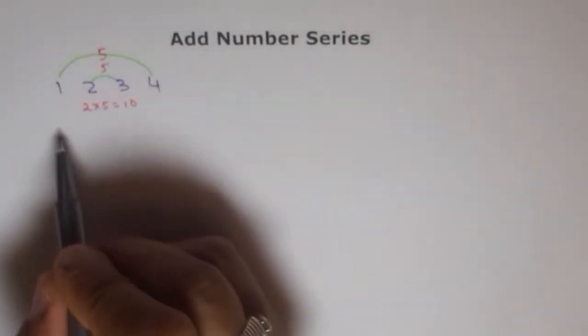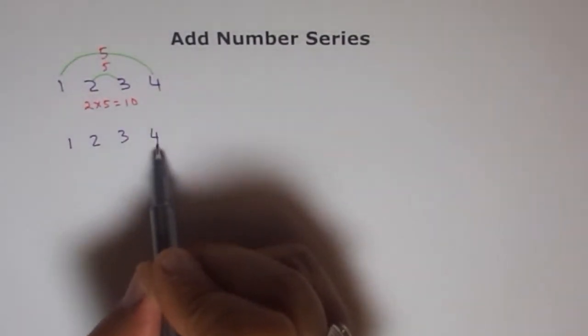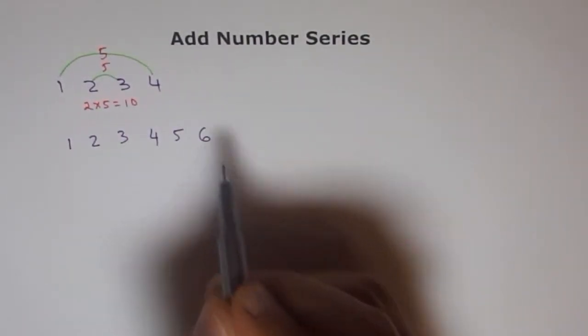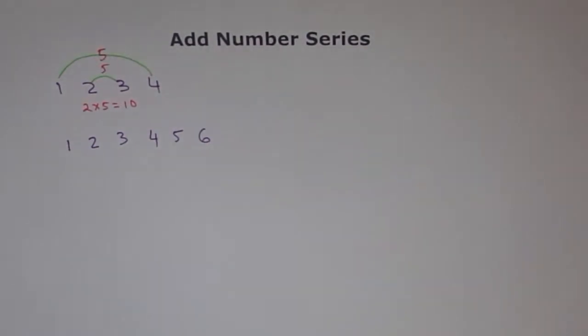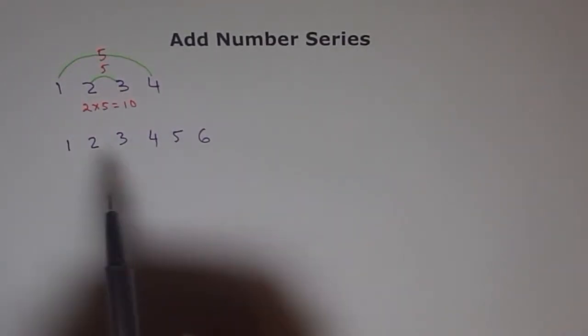Let's say this time we have 1, 2, 3, 4, 5, 6. How many numbers do we have? 6 numbers. If I group them in 2s, how many groups will I have? 3. Now let us see how, and we'll go with this addition.